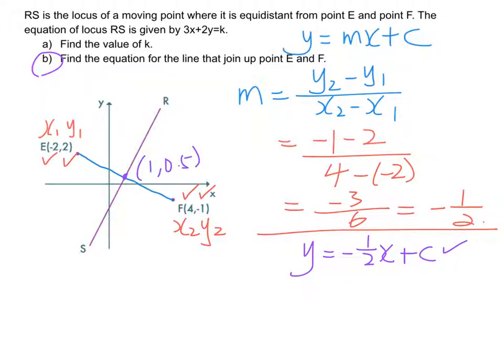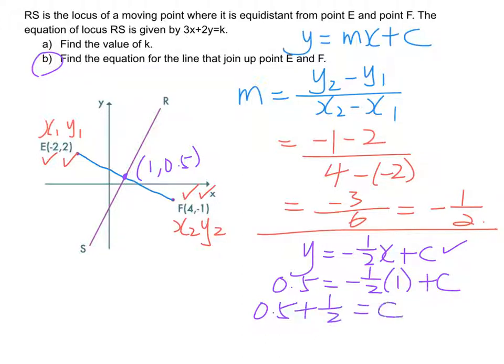We just worked it out just now, and we can substitute this x and y coordinate inside the equation to find c. So y is 0.5 and x is 1. So we have 0.5 minus 1 over 2, when moved over here becomes plus 1 over 2, and c is 1.